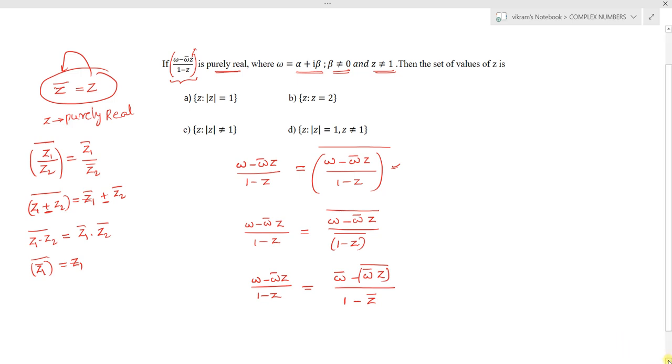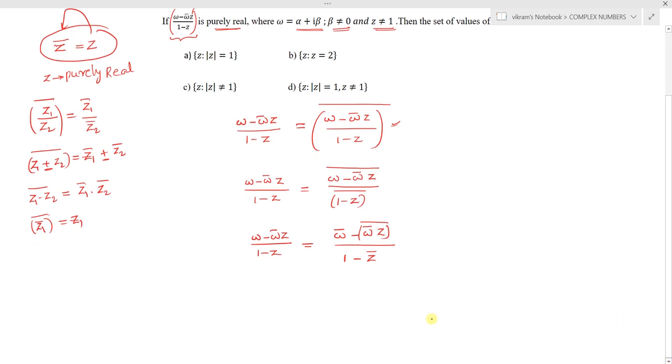These are the properties of the conjugate he is using; see how many properties are used in these few steps. So the RHS equals (w conjugate minus w z conjugate) by (1 minus z conjugate), whereas the LHS is (w minus w conjugate z) by (1 minus z).